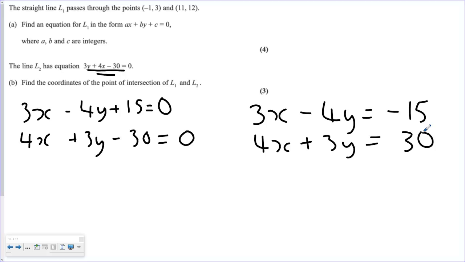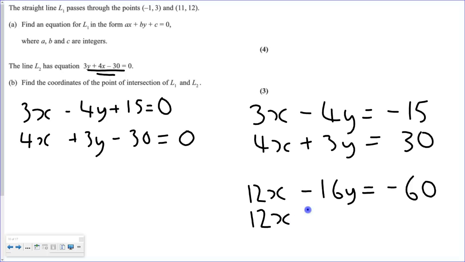If I times the first equation by 4 and the second one by 3, let's see what happens. If I times the first one by 4, remember I have to times all these terms by 4, otherwise your equation will no longer balance. And then on the bottom here, times everything by 3.